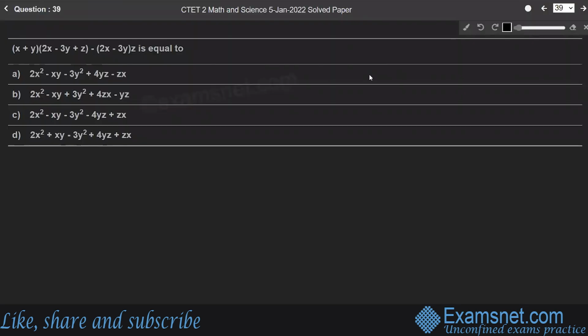Question number 39. x plus y into 2x minus 3y plus z minus 2x minus 3y into z is equal to.